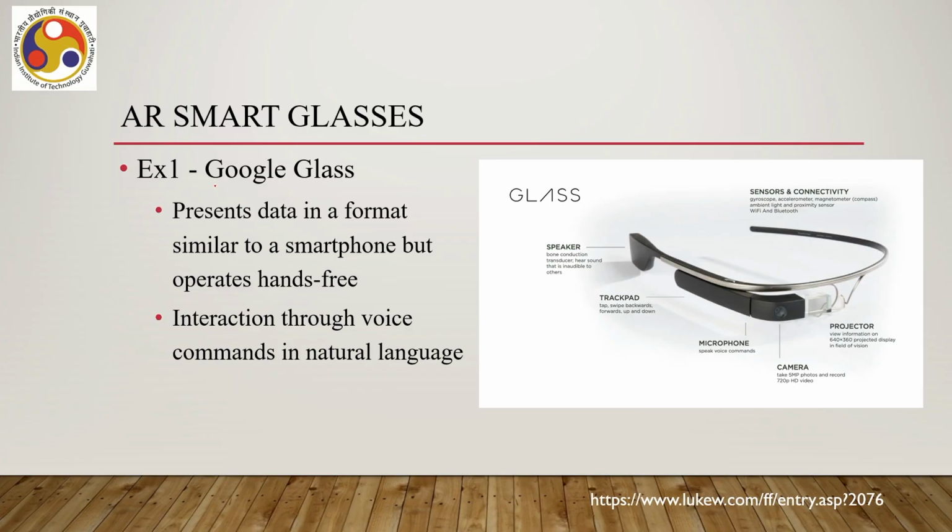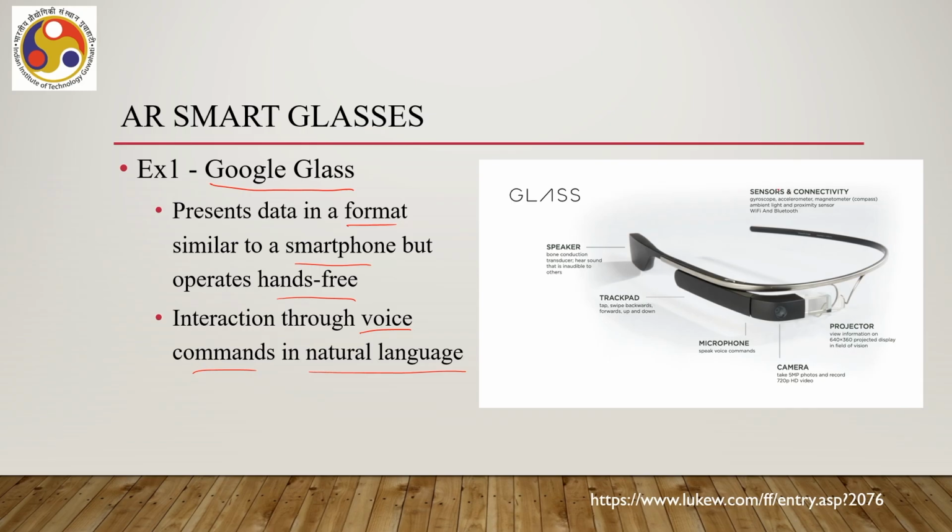An earlier example of such AR glasses is the Google Glass. It presents data in a format similar to a smartphone, but operates hands free. And here interaction can take place through voice commands in natural language. So, it comes equipped with detection of such commands. The glass is shown here in this accompanying figure.